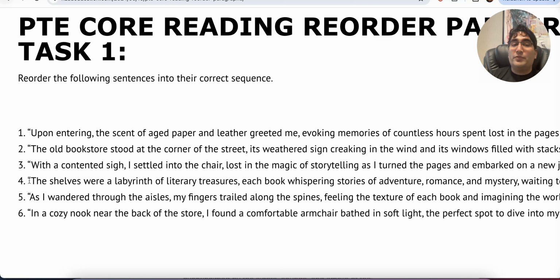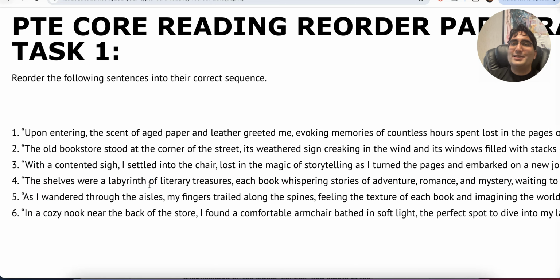I mean, look, 4 and 5 talk about the shelves and the aisles, but 6 and 3 talk about the chair. So how do you decide the aisles go before the chair? Why do 4 and 5 go before 6 and 3?